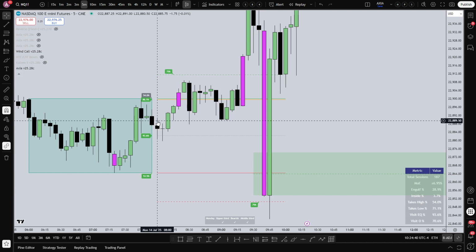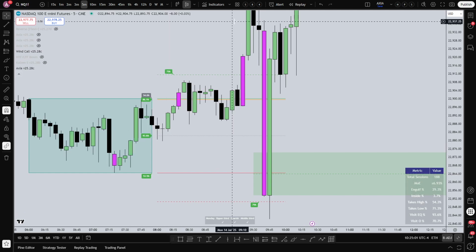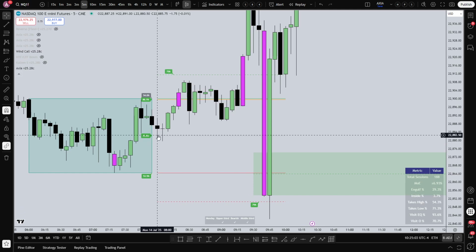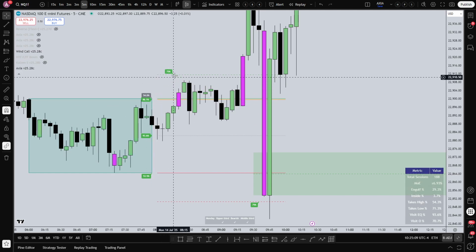Opens, bam, hits this right away. Once it's a hit, there is an 86.1% probability of this hitting that high after it has hit the equilibrium. My bad, this is the equilibrium. Once the equilibrium is hit, it has an 86.1% probability of hitting the high. Bam, the high has been hit again.